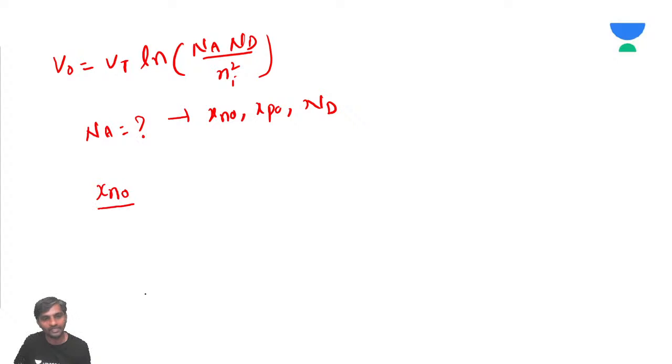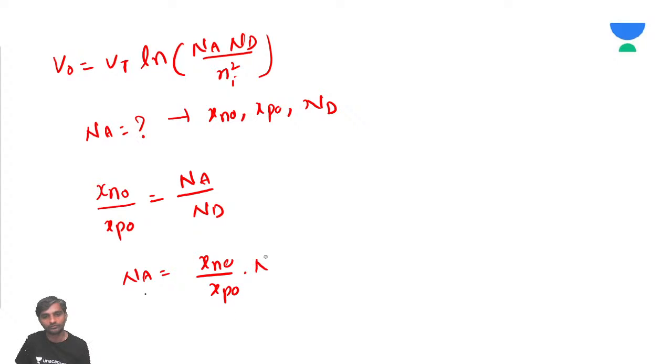So we know that Xn naught by Xp naught is equal to Na by Nd. So from this we can calculate Na. So Na is equal to how much, sir? Xn naught by Xp naught into Nd.